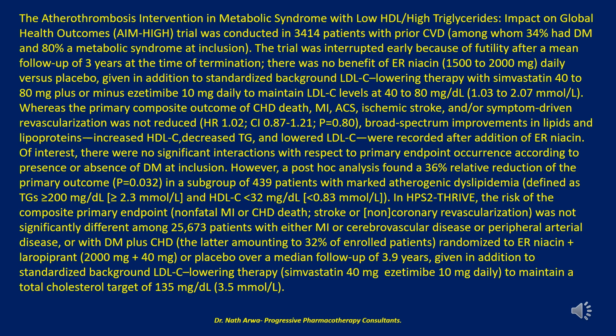However, a post-hoc analysis found a 36% relative reduction of the primary outcome, with a p-value equal to 0.032, in a subgroup of 439 patients with marked atherogenic dyslipidemia, defined as triglycerides equal to or greater than 200 mg per deciliter, that is equal to or greater than 2.3 millimoles per liter, and HDL-C less than 32 mg per deciliter, that is less than 0.83 millimole per liter.